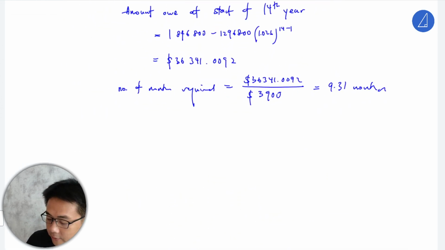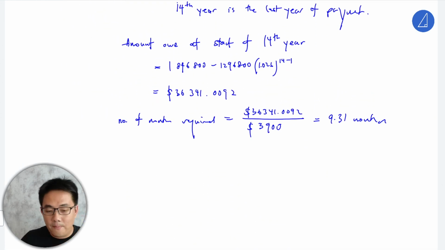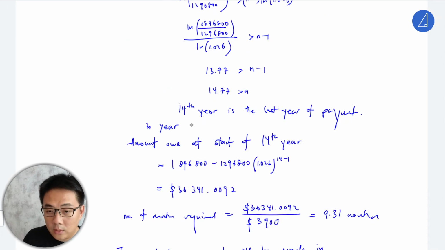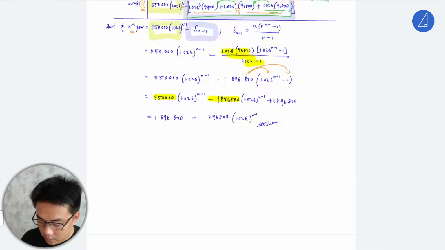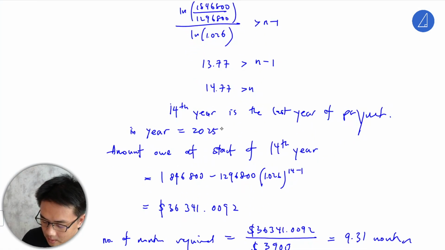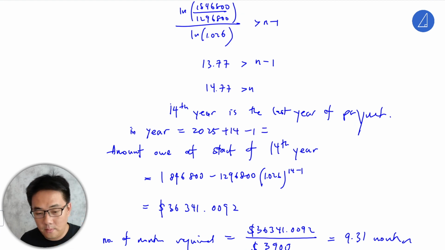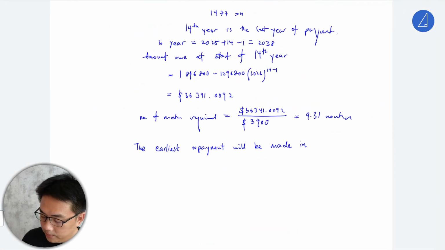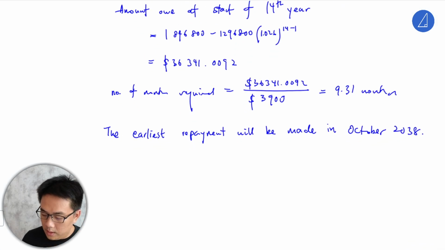So for the 14th year, the last month will be in the year 2025 plus 14 minus 1. So this will be in October 2038.